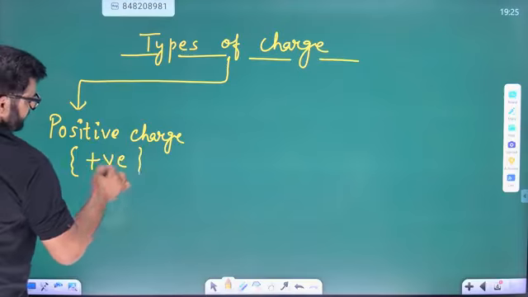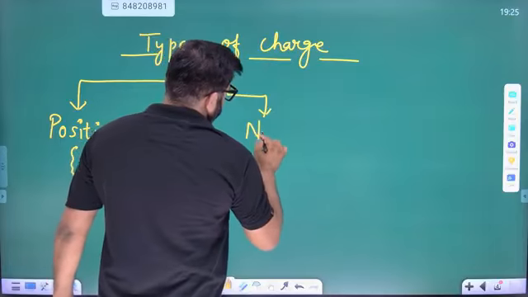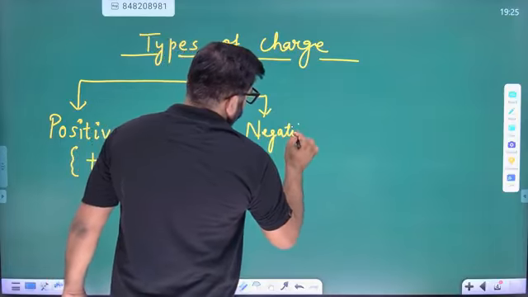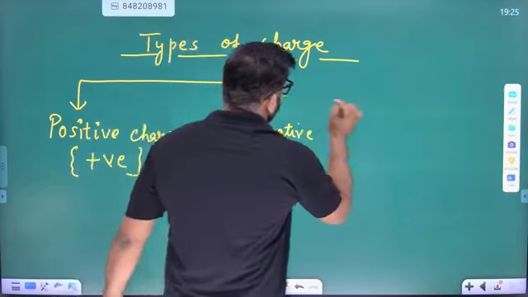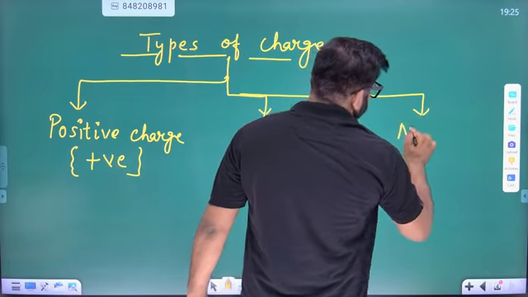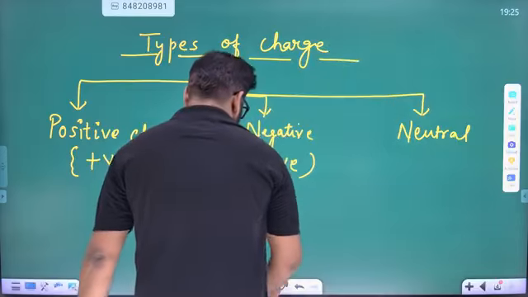Here I will write positive. The second one I am writing here is negative charge. In shorter form I will write it like this. The third one is not really a type, but I make it a type of charge, that is neutral charge.